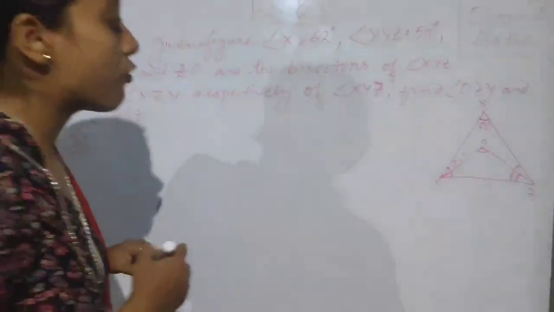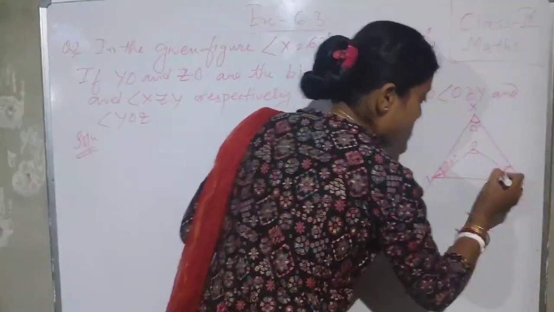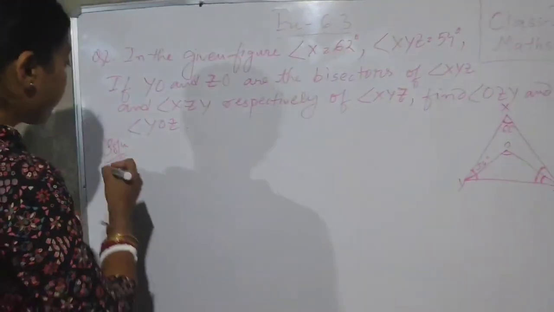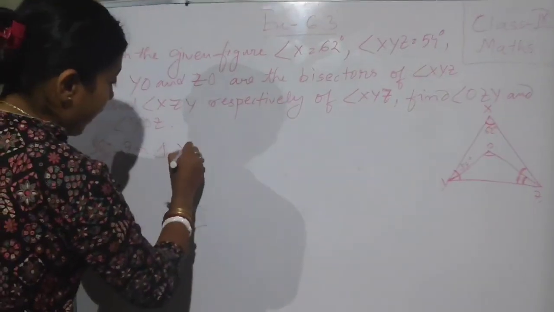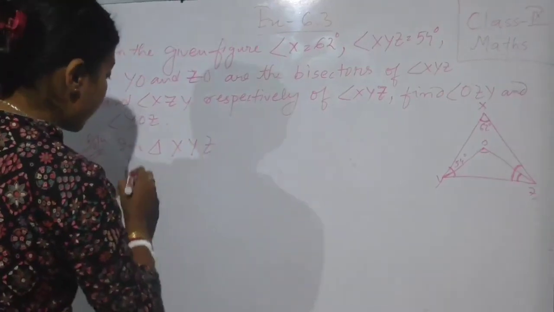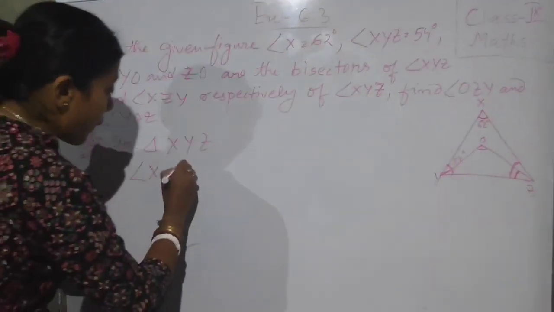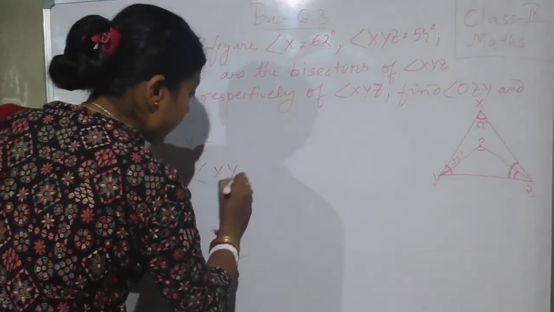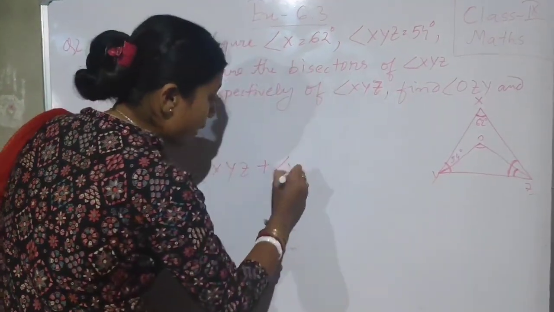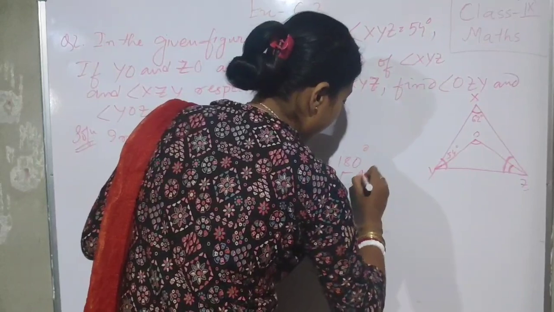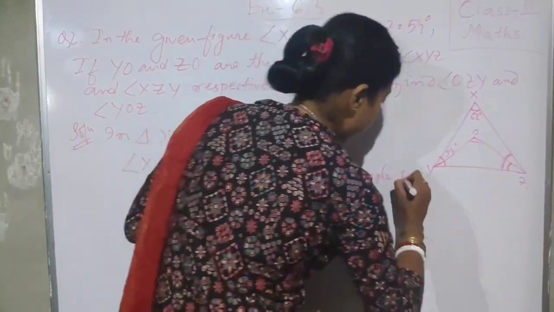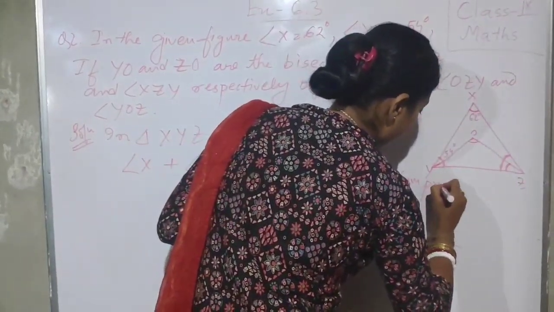So first, let us find this angle. In triangle XYZ, we can write angle X plus angle XYZ plus angle XZY equals 180 degrees, by the angle sum property of a triangle.